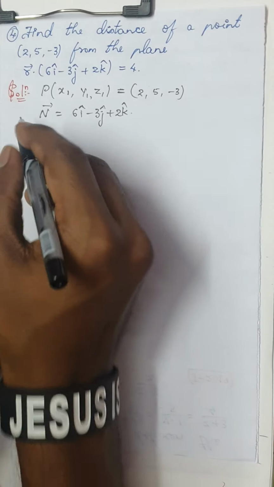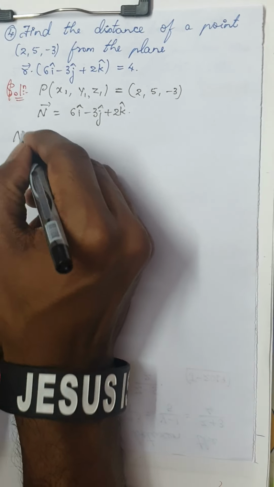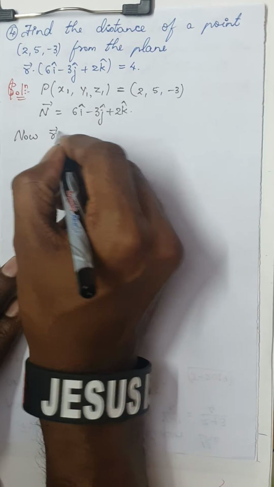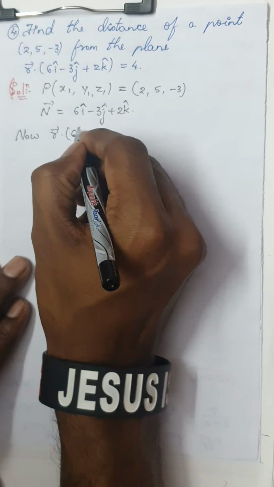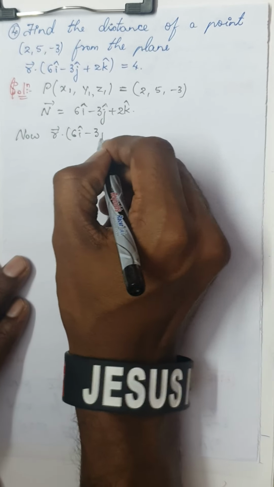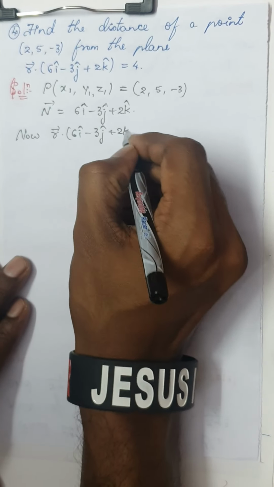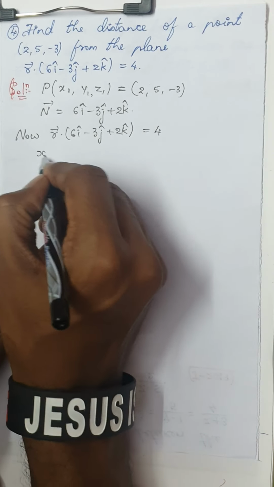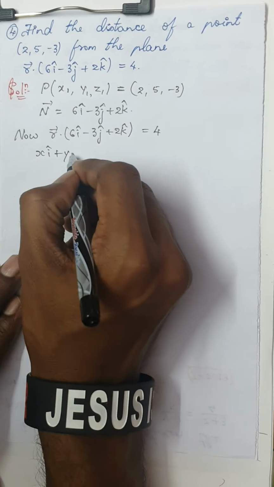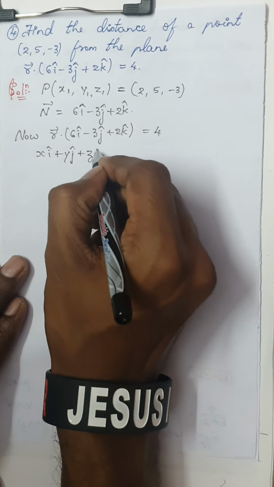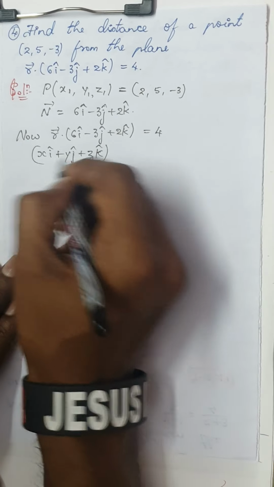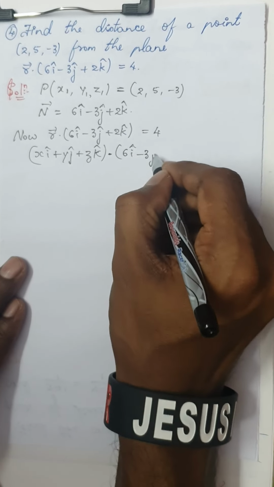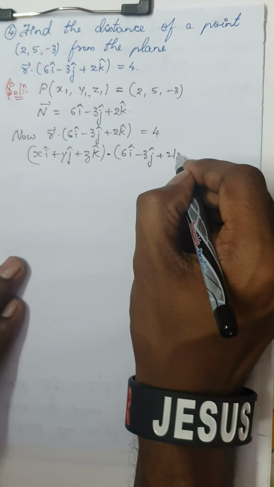Now, let me find out the equation of the plane. r dot 6i minus 3j plus 2k is equal to 4. What is actually r? r means xi, yj, zk, isn't it? Dot 6i minus 3j plus 2k.